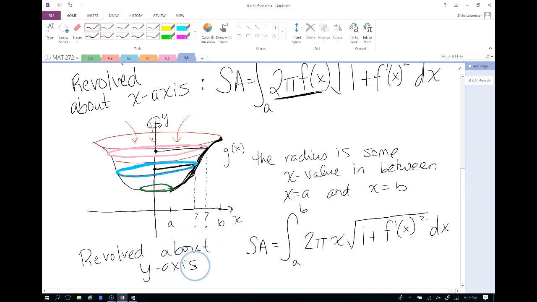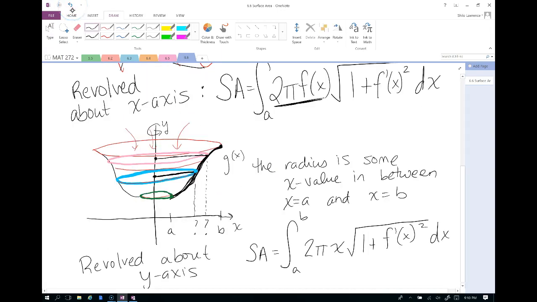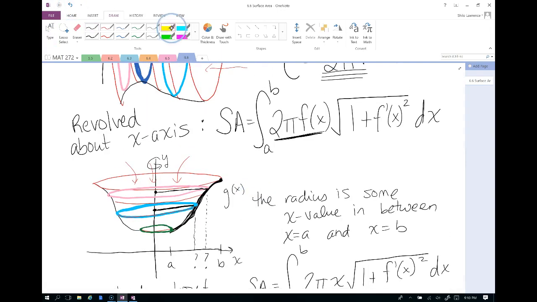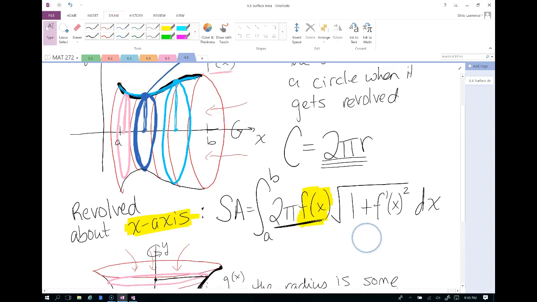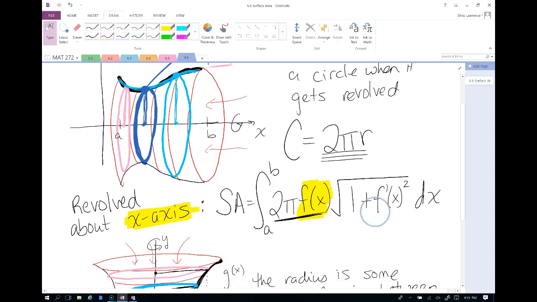The only difference when we go around the x-axis, oops, I did not mean to do that. When we go around the x-axis, the radius for each of those circles is the function value. When you measure each of those individual circles' radii, you're going from your axis of revolution up to the function. So the radius is the function value.